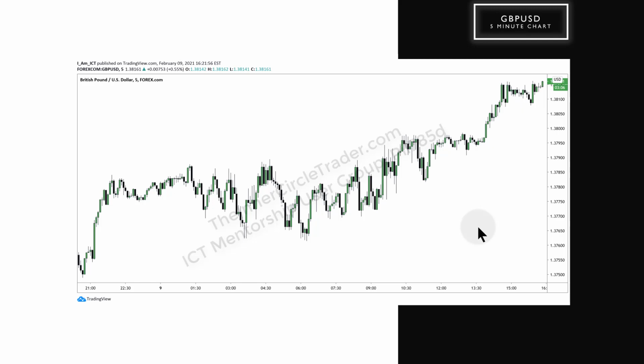One pair is easier to read than another. If it's clear in one pair and not so clear, or it looks like it just keeps punishing the short sellers, as I've mentioned, this pair doesn't want to drop. It just keeps going up. But every run higher is muddy. What do I mean by that? Well, before we put the annotations on, just look at how sloppy this thing goes up.